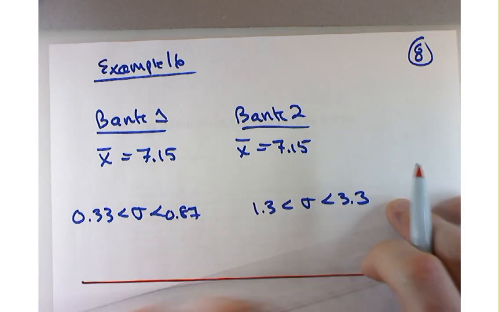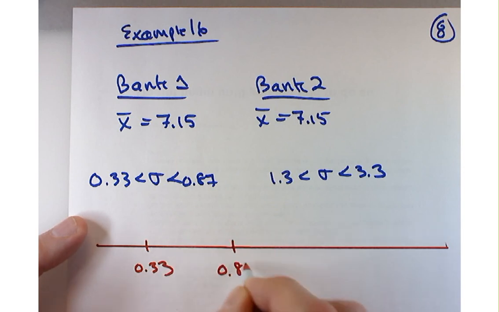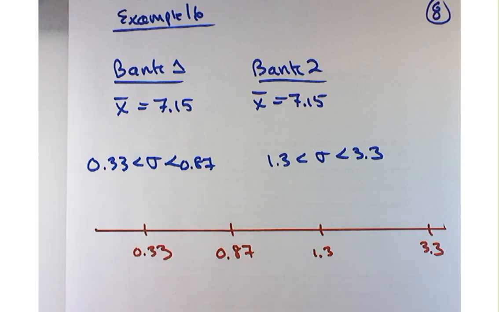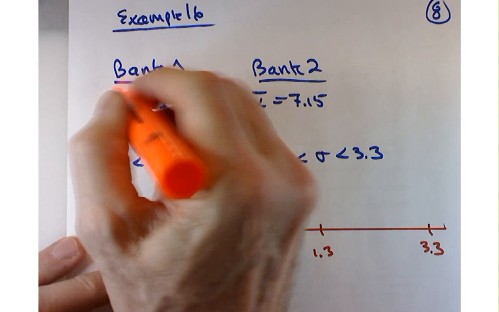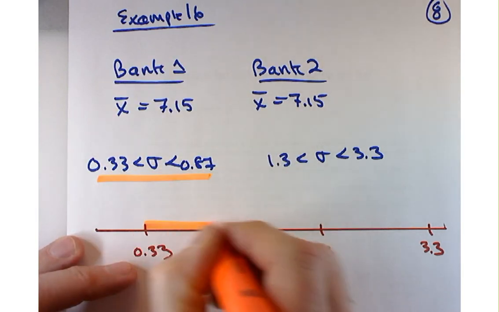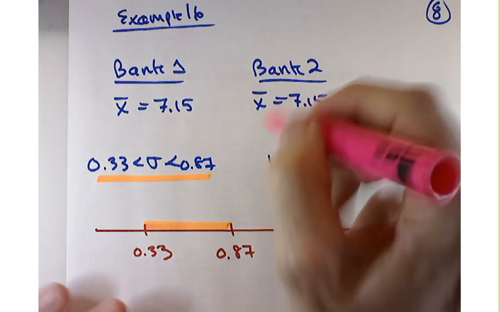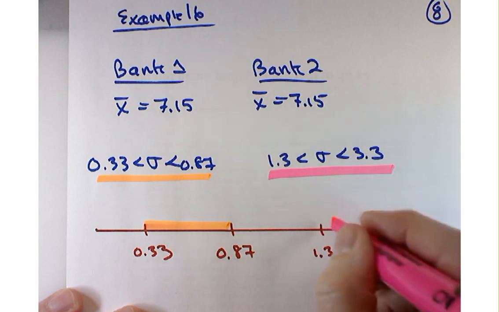Let's look at that on a number line. Over here you have 0.33 to 0.87, and then here you have 1.3 to 3.33. For bank 1, we'll use orange. For bank 2, we'll use this very manly pink.